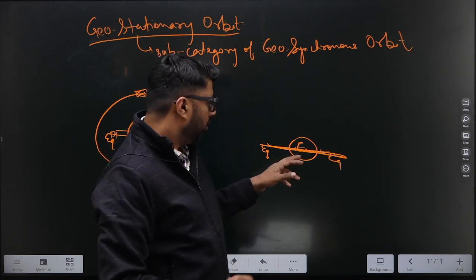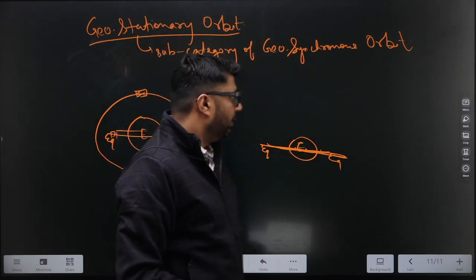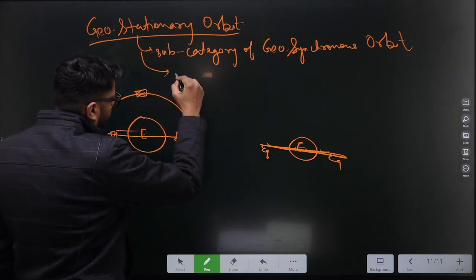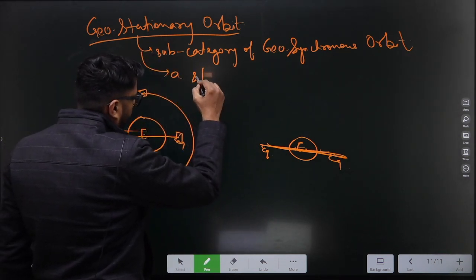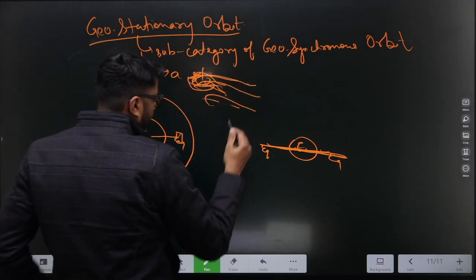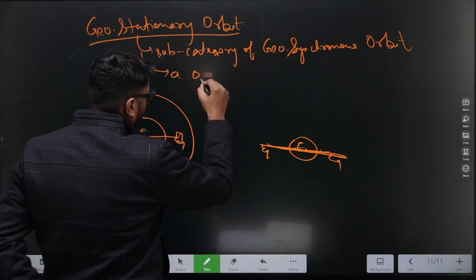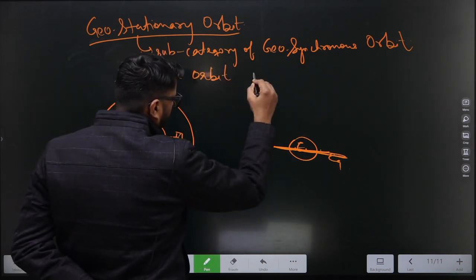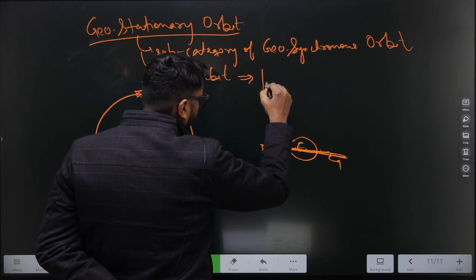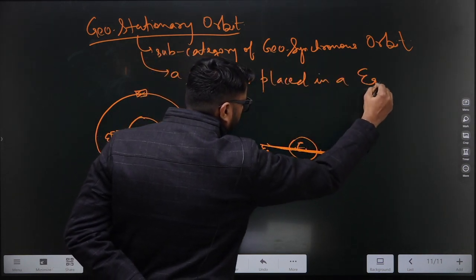So this orbit is called the geostationary orbit, which is placed on the equator.